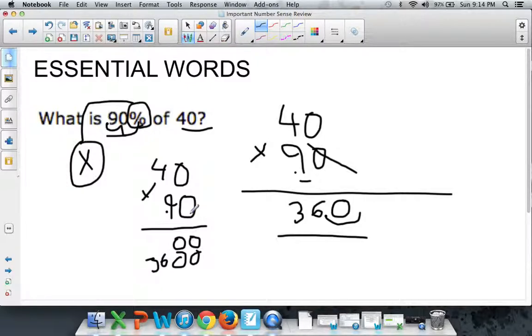Since I didn't cross off the 0, I have 2 numbers past the decimal point. So that means 2 jumps. 1, 2. Oh, look. My answer, 36.0. Over here was 36.0. Over here, 36.0. Hey, we got it right no matter what, as long as we're jumping the right amount of jumps in our final answer by counting how many numbers are past the decimal point. Let's move on.